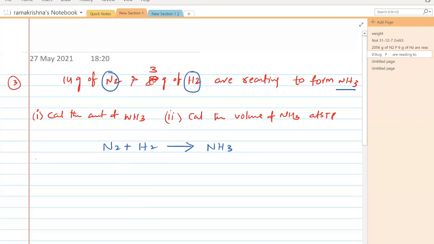Now, according to POAC, the principle of atomic conservation, what is that?